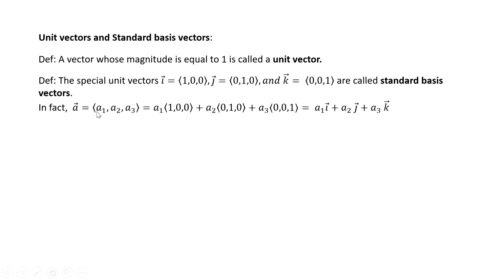Whether we write in angle brackets A1, A2, A3 or we say A1 i plus A2 j plus A3 k, they are exactly the same. That we will be using quite a bit. Oftentimes we will switch from this notation to that notation and back and forth, depending on the problem.